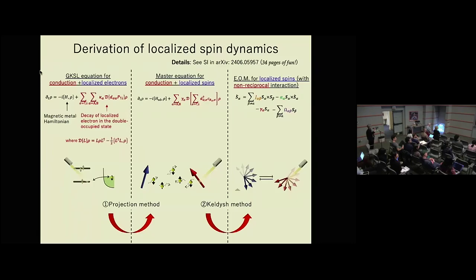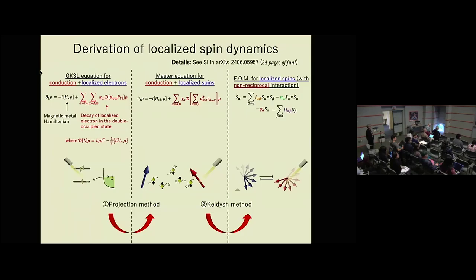Firstly, if you just look at the localized spin, there are actually two baths. One is coming from the decay, this Markovian bath that kicks away the double occupied state. But there's another one, where the Fermi sea of the conduction electrons is kind of like a bath for them.